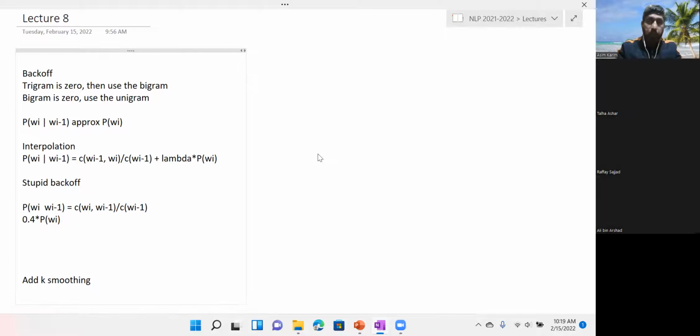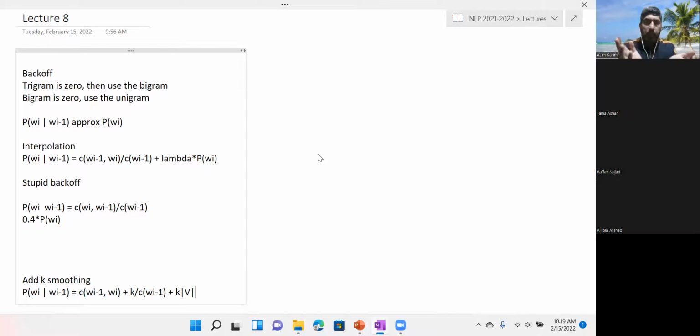And the formula is updated similarly. The probability of the bigram Wi given Wi minus 1 is the count of Wi minus 1 Wi plus k, divided by C of Wi minus 1 plus k times the vocabulary size.